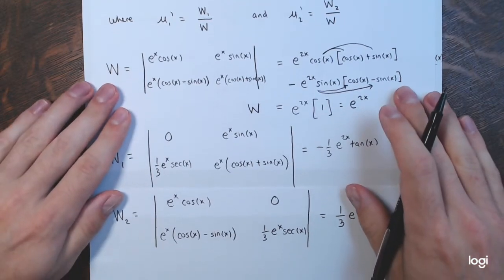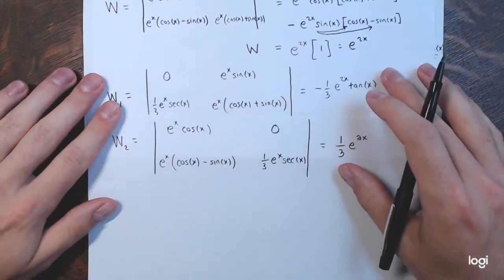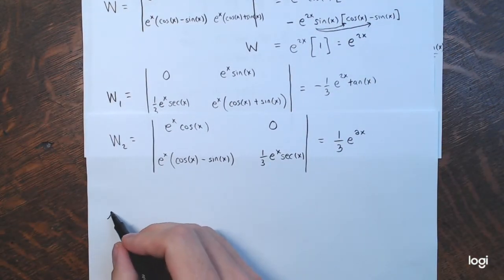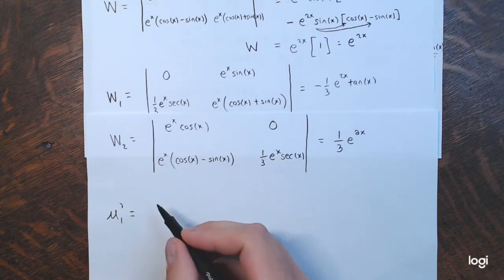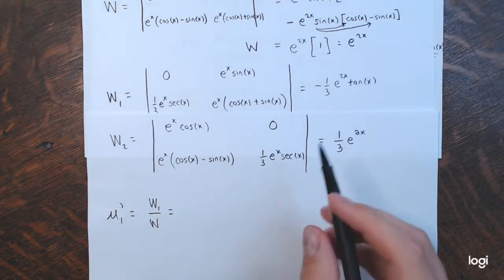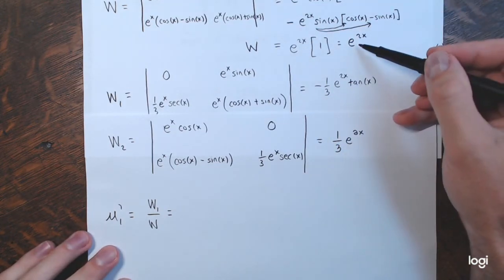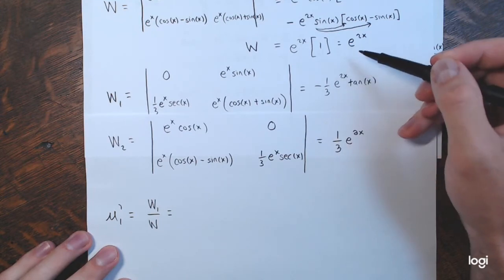Okay, and going back up here to the W1 over W, W2 over W for U1 prime and U2 prime, we get U1 prime is W1 over W, which is negative 1/3 e to the 2x tangent x divided by e to the 2x. So the e to the 2x cancels.